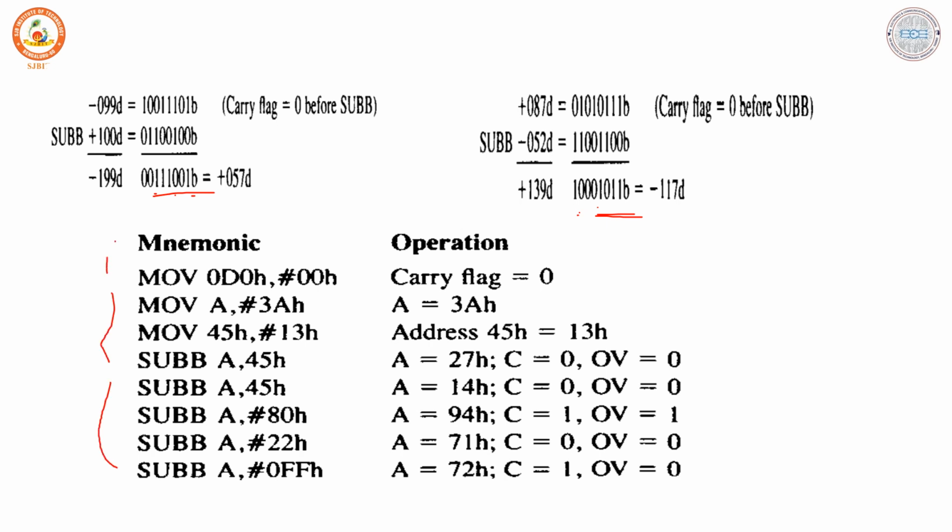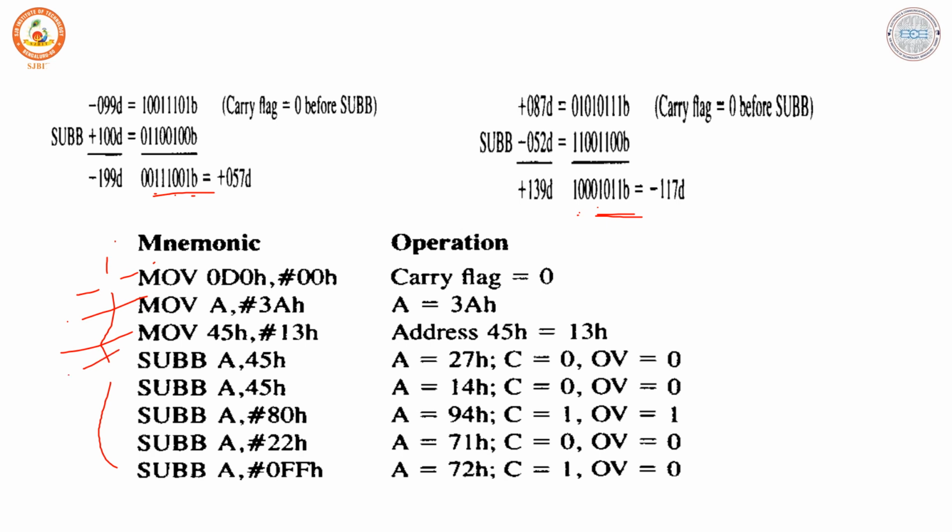Related to the subtraction operation, we have a simple program where we are loading the D0 address with 00. That means D0 is the address location of the carry, which is cleared to 0 because, as I told you, the carry flag should be cleared before we perform arithmetic operations. MOV A, #3AH, where 3A is an immediate value loaded to the accumulator, and the 45H address location is loaded with an immediate value 13.